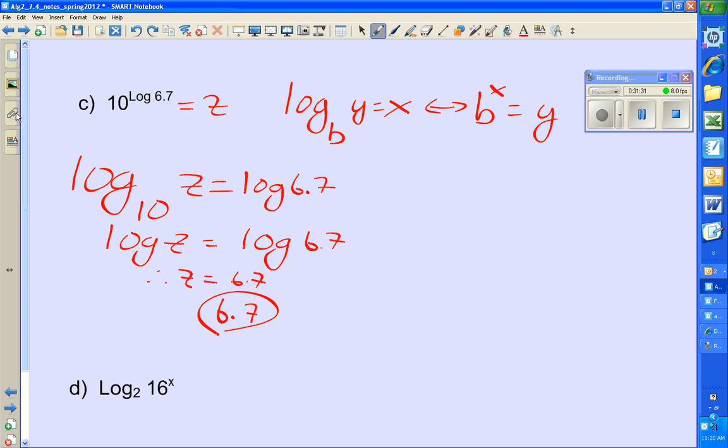Logs deal with big, huge numbers and really, really small numbers. It's a little bit like exponential, but better. Examples of things that work on logarithmic scales are earthquakes. When you hear a 5.7 earthquake, that's the power of 10 that you raise to.